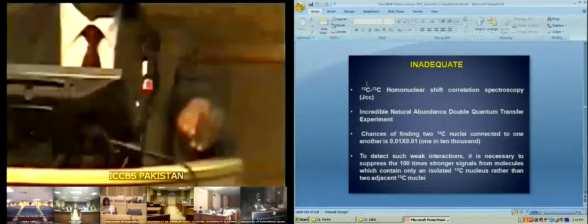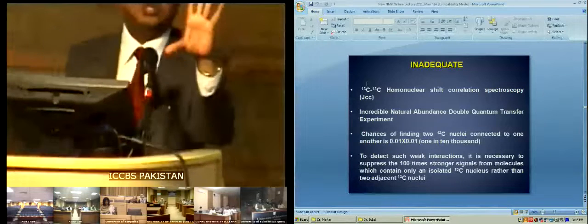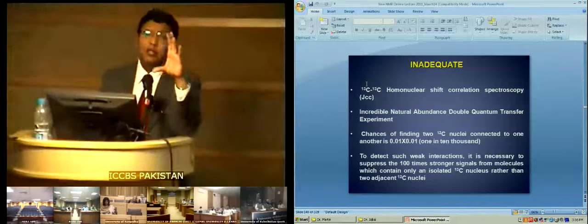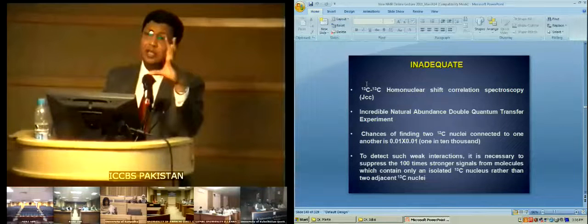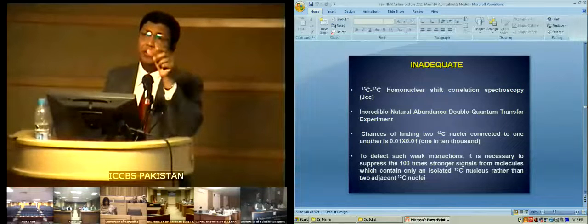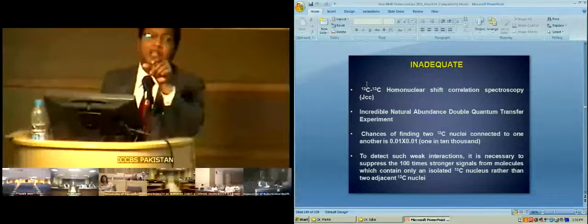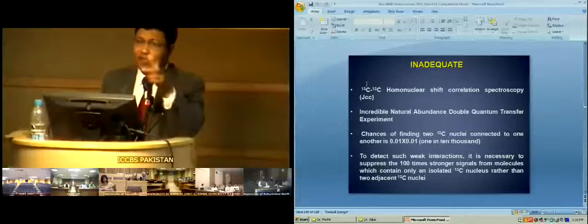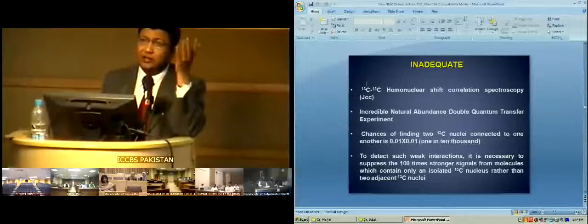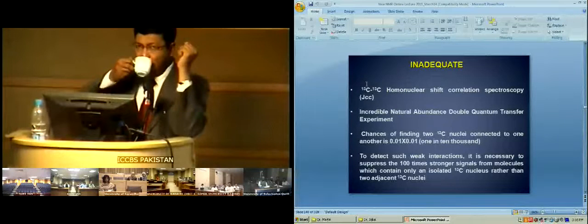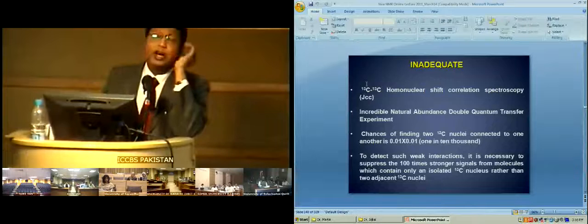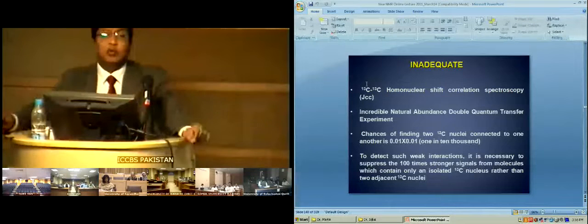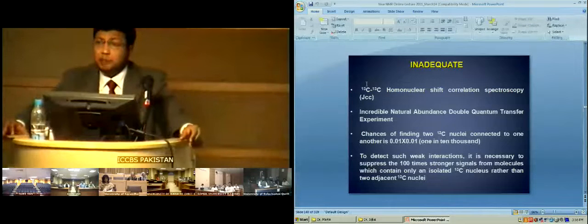Can you somehow separate this big, huge isolated carbon-13 peak from the tiny little doublet which represents C13 next to a C13? Can you do that? The answer is so trivially simple, very, very simple.